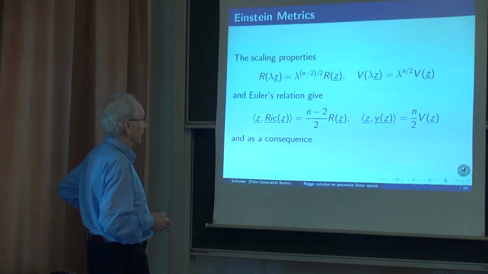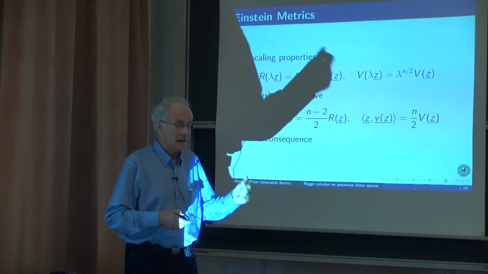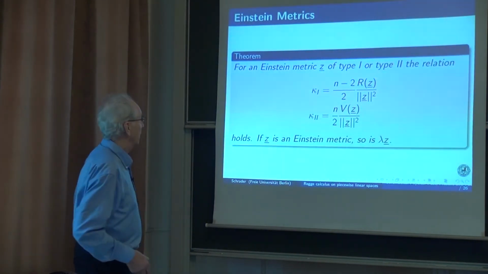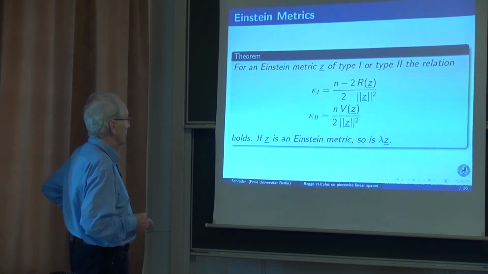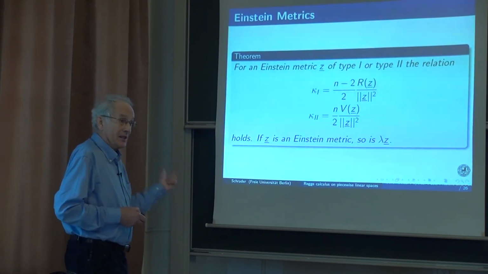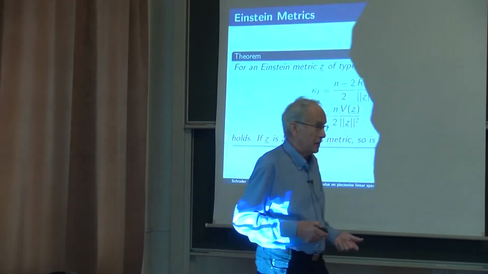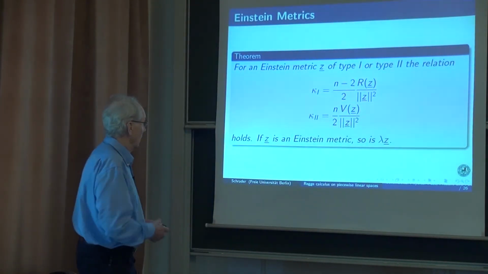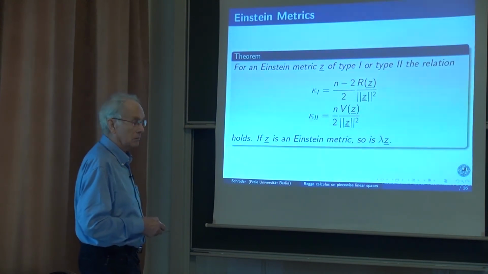And similar for the volume. Very trivial. I mean, the calculations that I give now are basically very trivial. So this gives you these constants and the corresponding cases. They are similar to the calculations you do when you have Einstein metrics in the smooth case. So in particular, if z is an Einstein metric, so is a multiple. That's obvious.